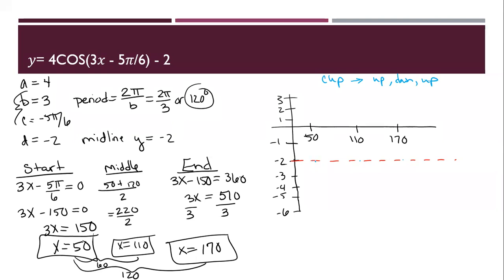So at 50 from the graph axis, I'm going to start up the number of amplitude units. So 1, 2, 3, 4, up here at 2. If I start at -2 and travel up 4 units, I land at +2. At 110, I'm down.